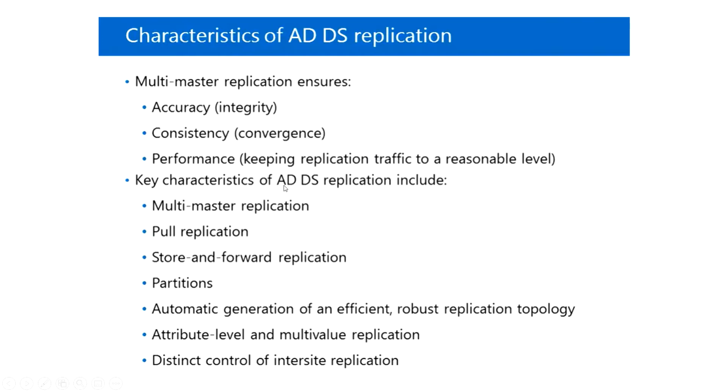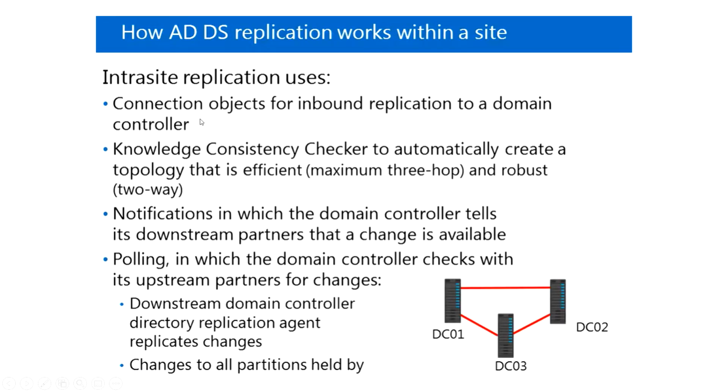The main key characteristics of AD DS replication include multi-master replication, pull replication, and store and forward replication to another domain controller in the network, and partitions and automatic generation of an efficient, robust replication topology, and attribute-level and multi-value replication, and distinct control of the inter-site replication.